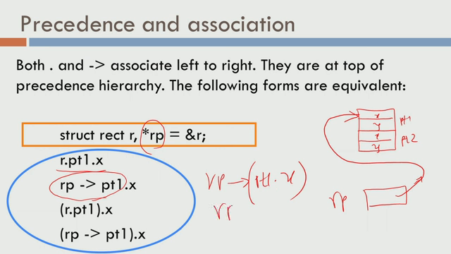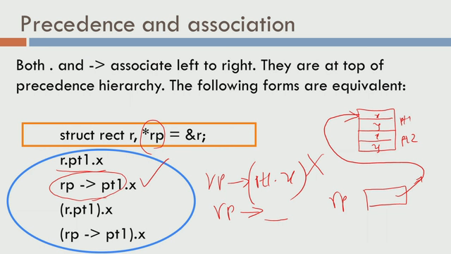And if I say RP arrow something, there is no RP arrow integer, because RP is a pointer to a rectangle and rectangle has only points inside, it does not have integers inside. So, the association went from left to right and the precedence also went from left to right. This is the correct interpretation, it is not interpreted as RP->(PT1.x).